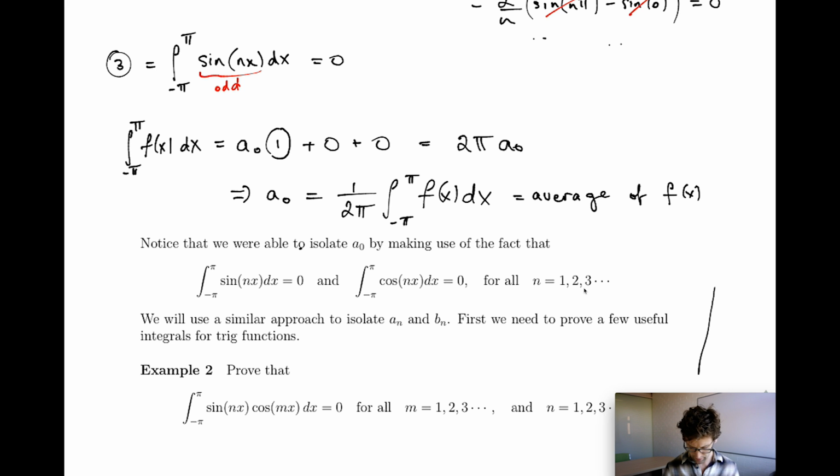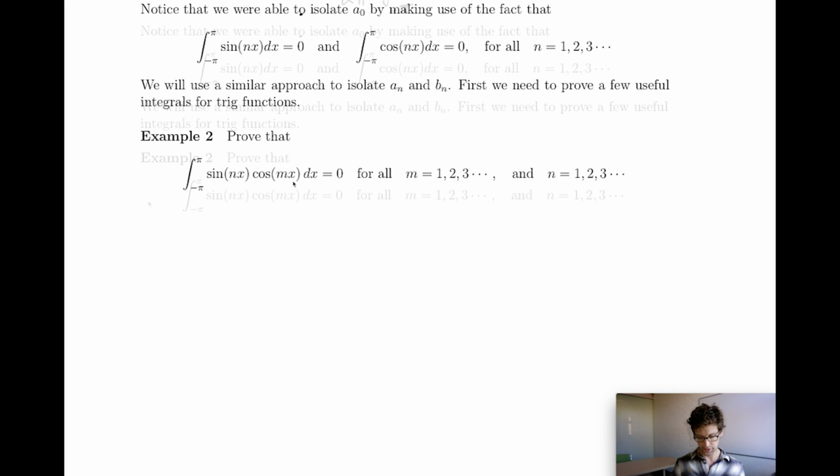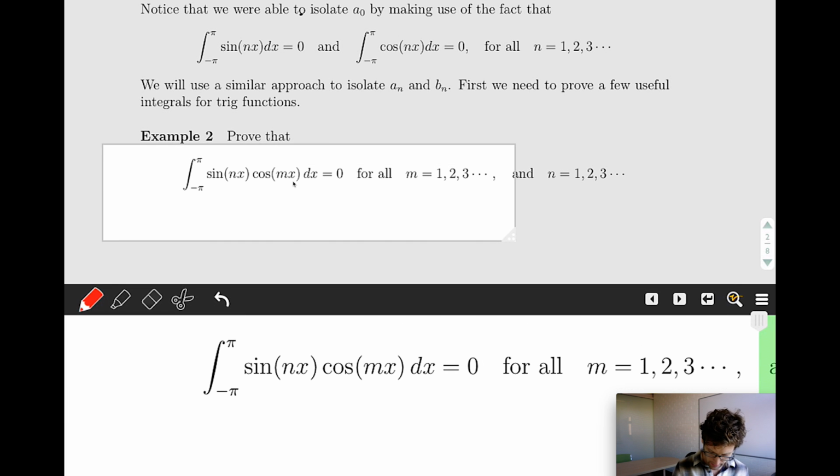So the first one is relatively straightforward. Example 2: I've got the integral of sine nx times cosine mx, where m and n are both integers, so they're 1, 2, 3, and so on. Now this integral is fairly straightforward to show that it's equal to 0 because I can make use of symmetry.